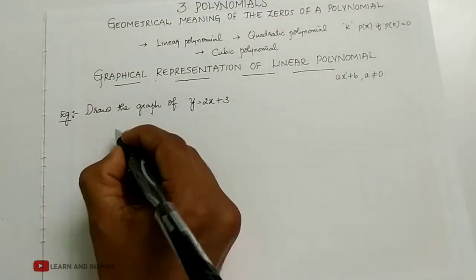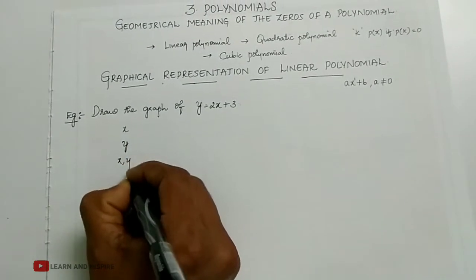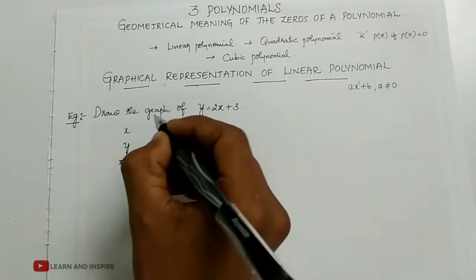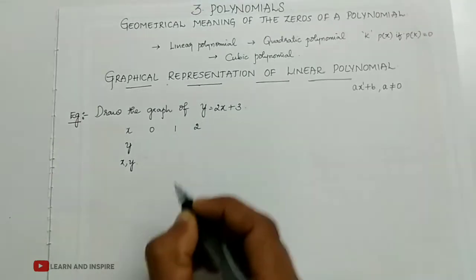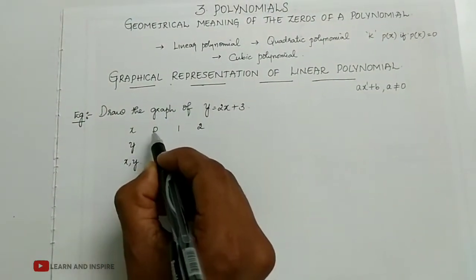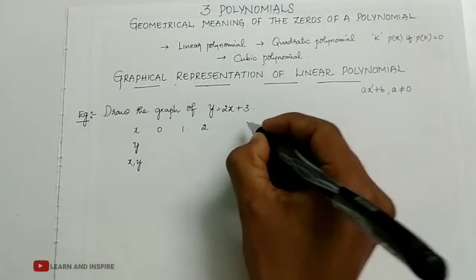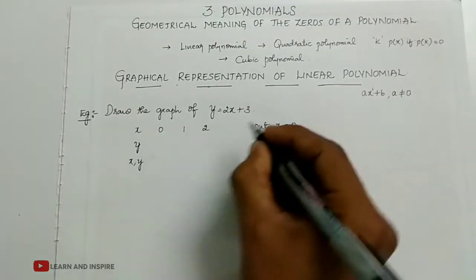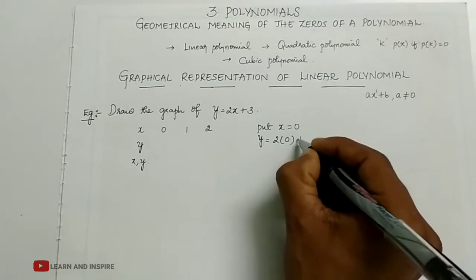First I write x, y, and x comma y. The values of x I take are 0, 1, 2. Substituting these, we can find the values of y. First, put x equals 0, then y equals 2 into 0 plus 3.